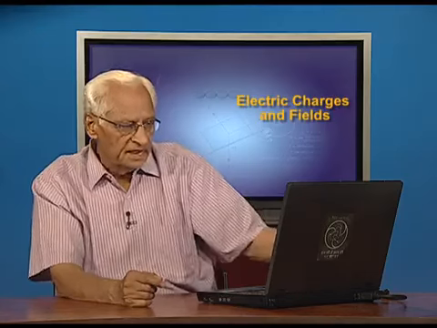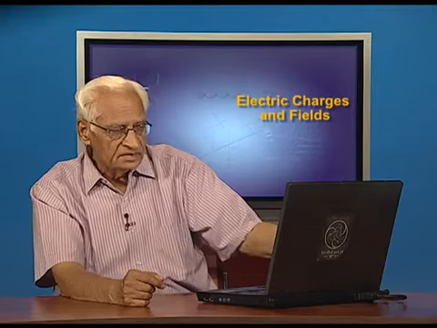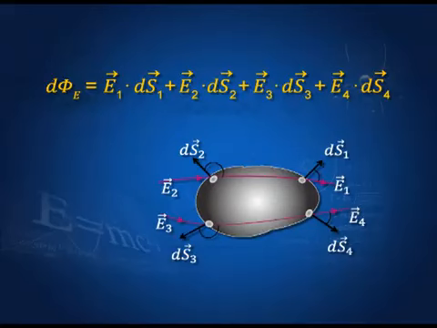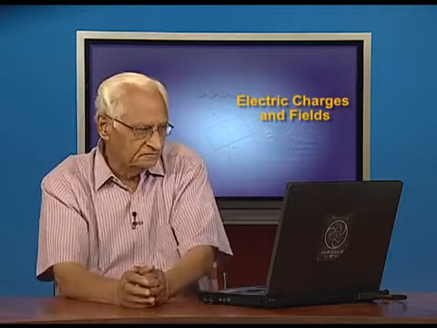So, we say that the flux of these lines through the surface is E1 dot dS1 plus E2 dot dS2 plus E3 dot dS3 plus E4 dot dS4. Remember that some of these terms, as I have said, are negative, because the cosine of an obtuse angle is a negative quantity, and therefore, the sum could be anything: 0, positive or negative.